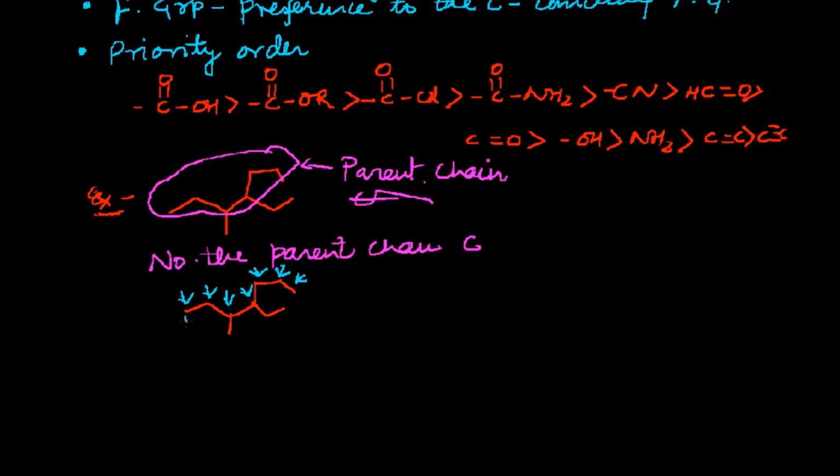So this would be 1, 2, 3, 4, 5, 6 and 7, and therefore its name would be, since there is a substituent present at third carbon, so we can write the 3-methyl.